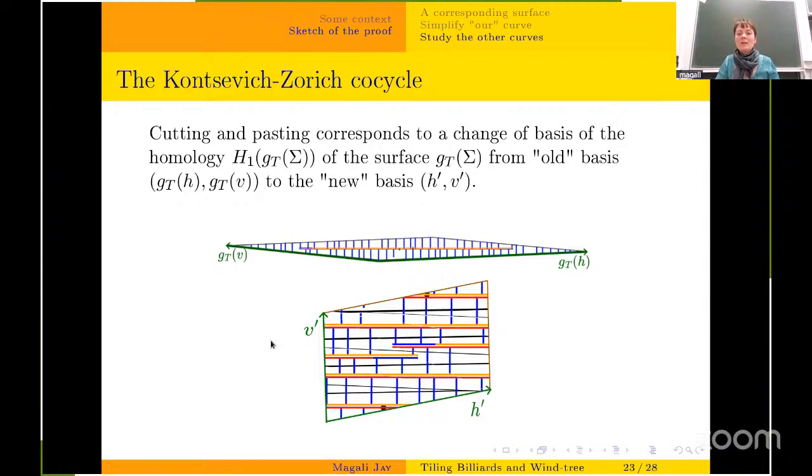Okay, so now when I have an intersection number with H prime and V prime, I can compute the intersection number with H and V and vice versa. Okay.